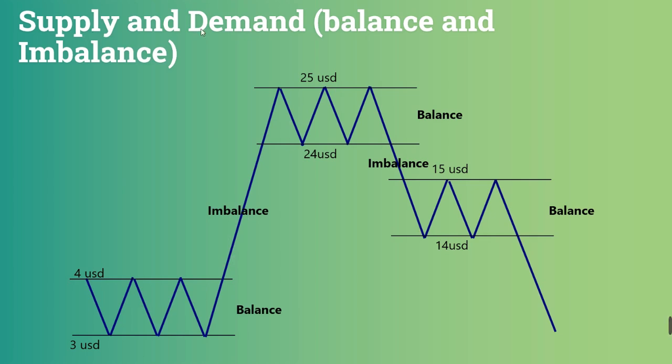What happens when the demand is higher than supply is that it will push the price higher. Of course, there are other names for it: accumulation and distribution. So it does not matter. From this movement over here, we are going into a more detailed type of movement. So let's start.